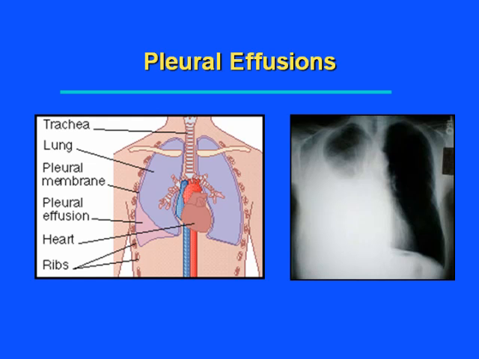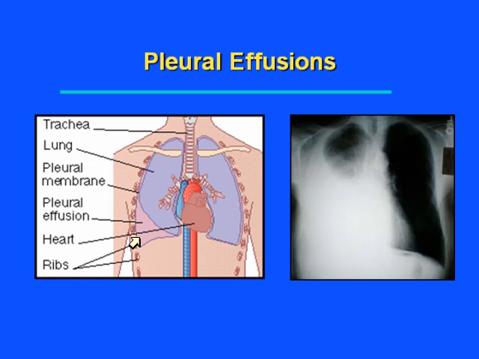So here's just a picture of that. If you look at the picture on the left, it's just a schematic drawing. Here, if you look where the arrow is, this pink area is showing the pleural effusion as fluid.